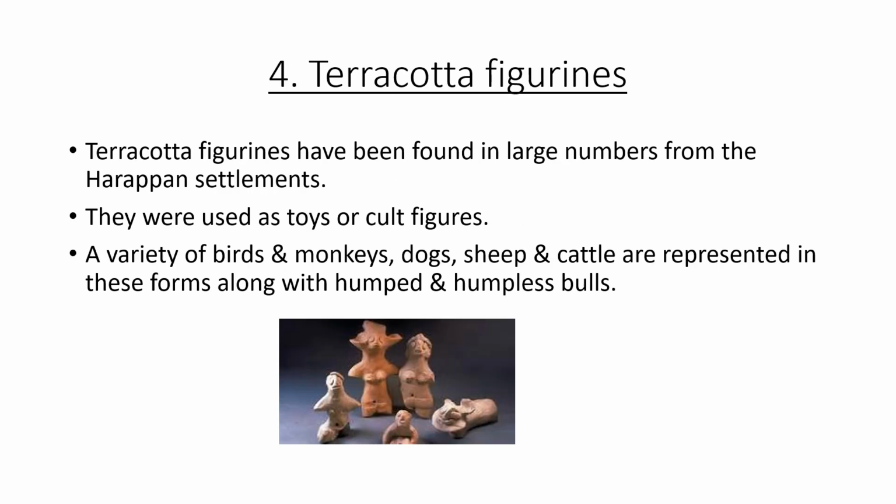Then we have terracotta figurines. Terracotta figurines have been found in large numbers from the Harappan settlements, and they were used as toys or cult figures. A variety of birds and monkeys, dogs, sheep, and cattle are represented in these forms, along with humped and humpless bulls. You have a picture of the terracotta figurines.